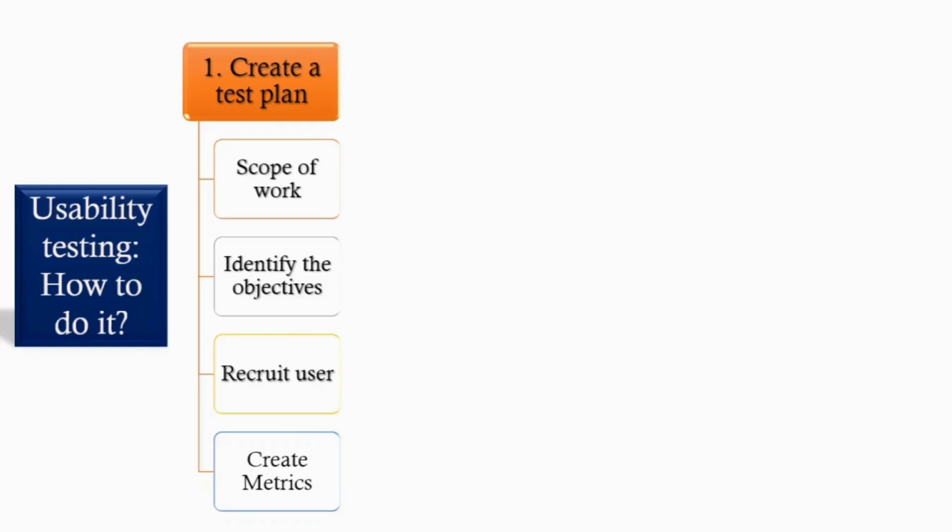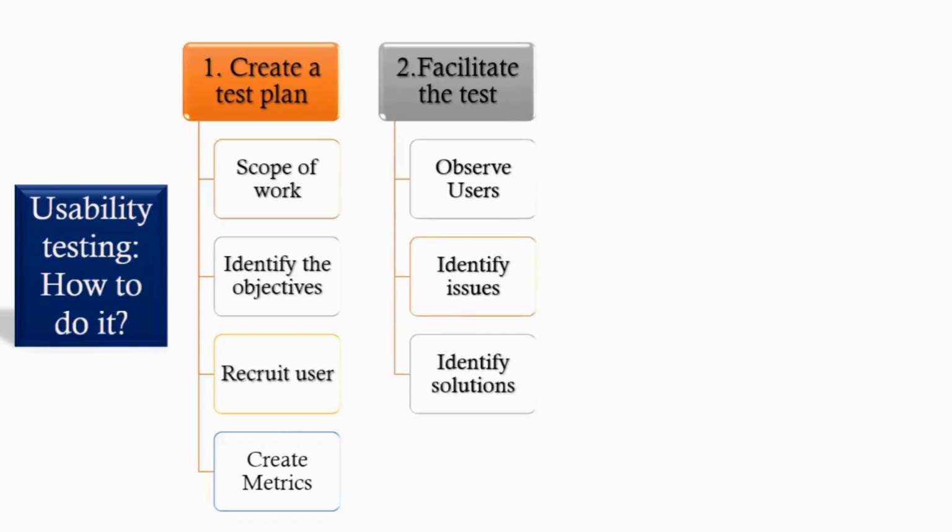Try to identify the objectives, then recruit the users or participants to perform the test, and create metrics. The second step involves facilitating the test. Here we are going to observe the user, try to identify issues, then identify solutions as per the feedback from the user, and conduct the interviews. This is part of our user interviews.